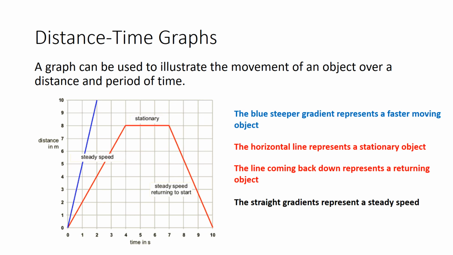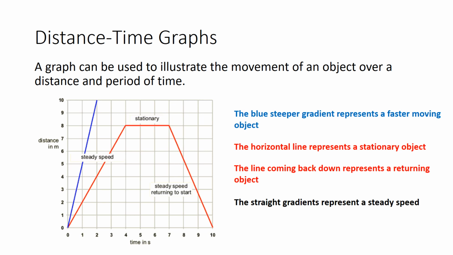All right. And so we've got these lines for 2 different objects. Now you can see that the blue line travelled 10 metres in 2 seconds. It's got a very steep gradient, so from this you can work out its speed.